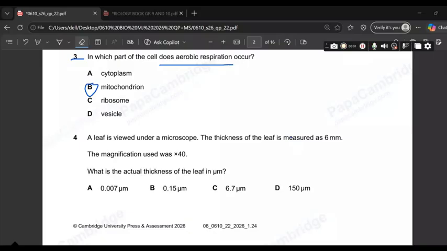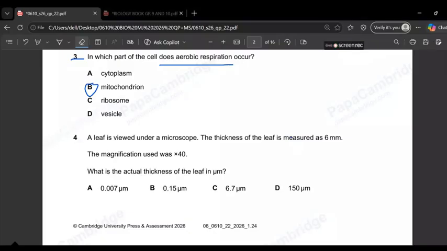Number 4, which says a leaf is viewed under a microscope. The thickness of the leaf is measured as 6 millimeter.